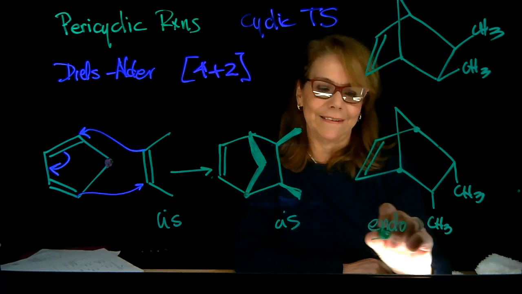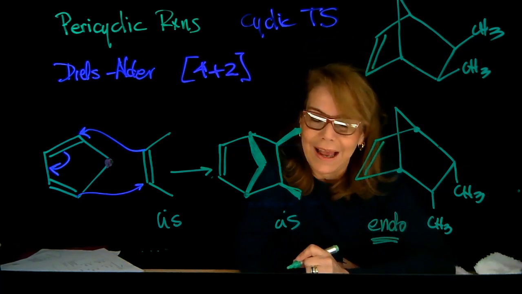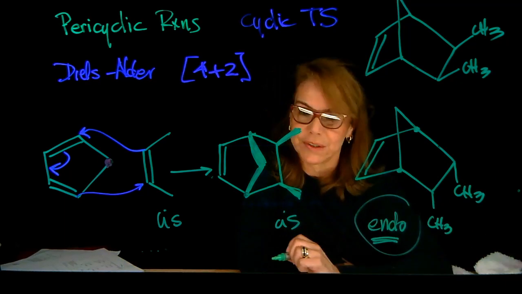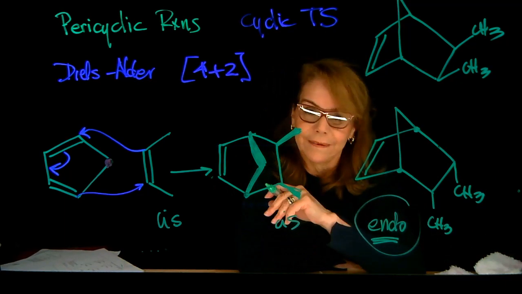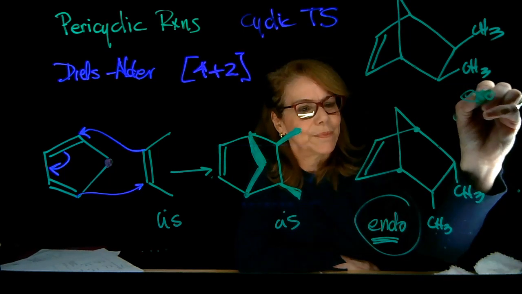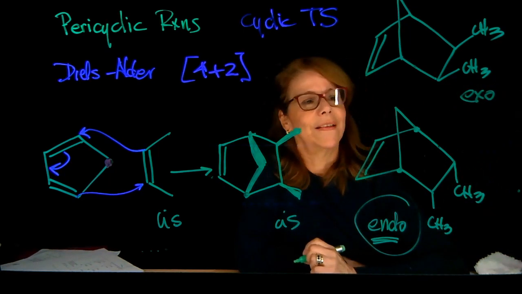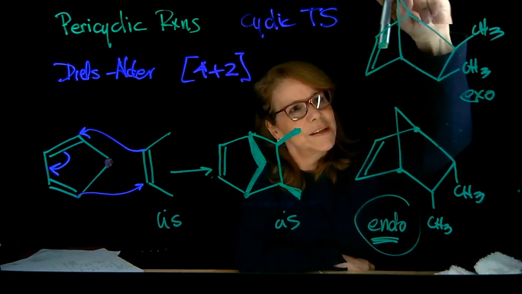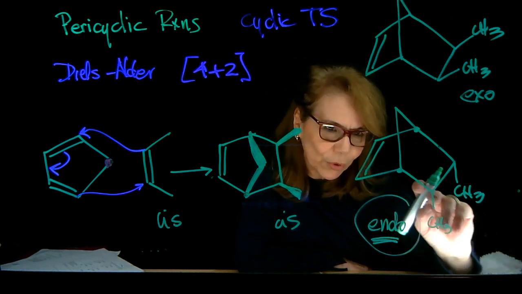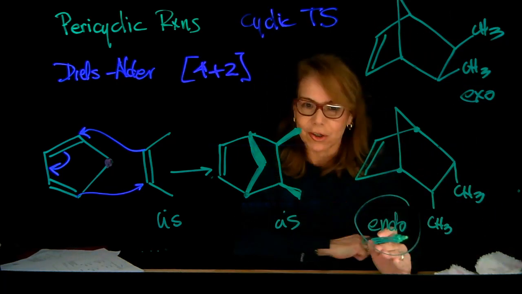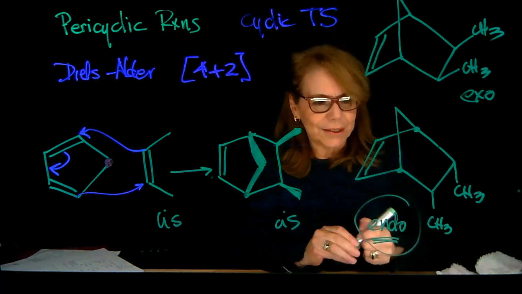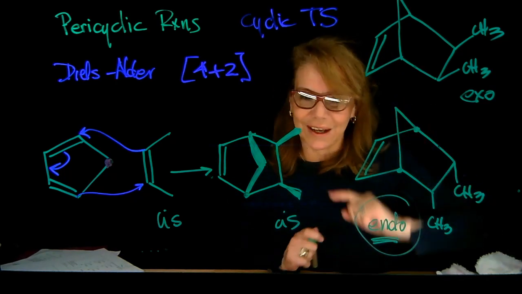That is the favored product under kinetic control, which is most conditions that we use to favor the cycloaddition. And this is the exo. We can also say that in the exo these 2 are pointing to the small group, and in the endo they are pointing to the large part of the bicyclic structure. Either way, I like to think that in the endo these 2 are opposite to the bridge.